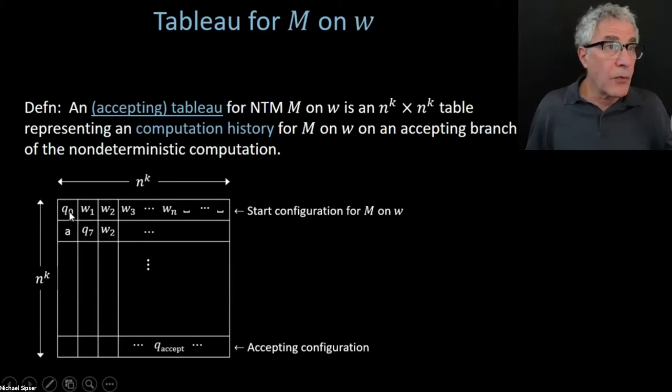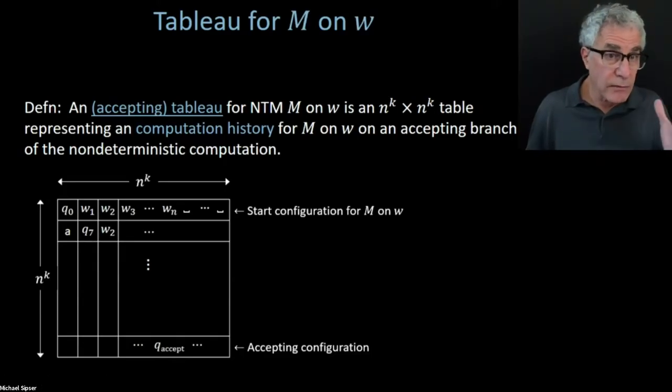And maybe when it's in Q0, looking at that first symbol, it moves to state Q7 and goes right, and changes that W1 to an A. So now the head is shown moved one position to the right in the new state Q7. Of course, that depends on what the machine is designed to do, what the transition function is. But this could possibly be what happens. Okay, so good. Does a tableau trace all steps of all branches? No. The tableau corresponds to one accepting branch.